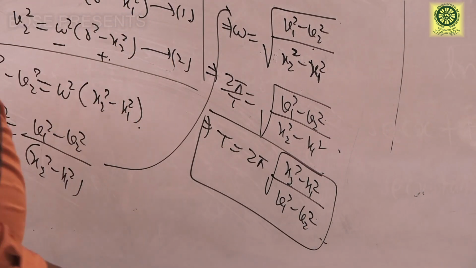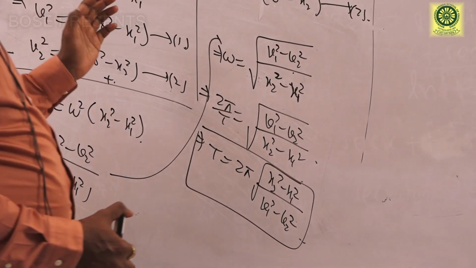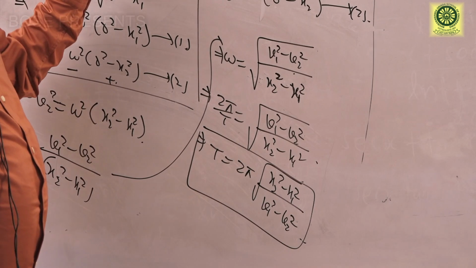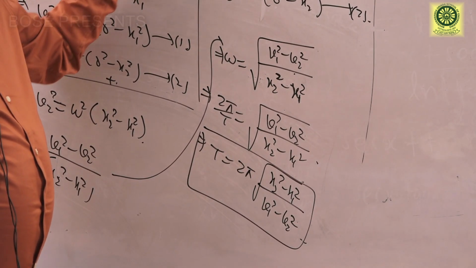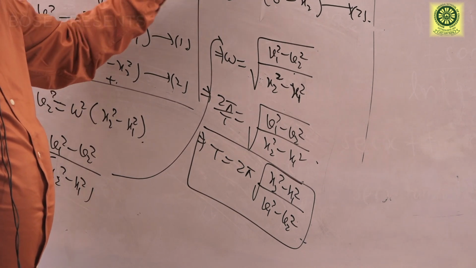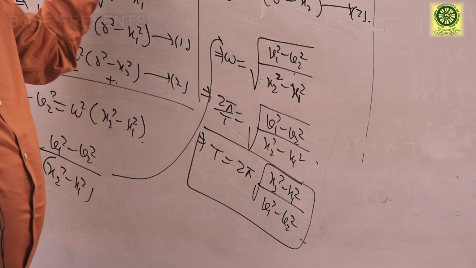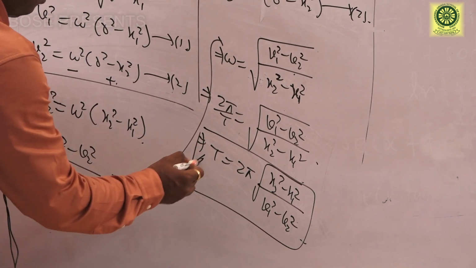This is the expression for the time period of a particle executing SHM with velocity v1 at a distance x1 from the mean position and velocity v2 at a distance x2 from the mean position, and this is the time taken by the particle to complete one oscillation, that is called the time period. That's the time period. Okay.